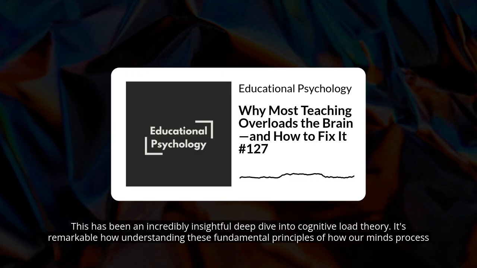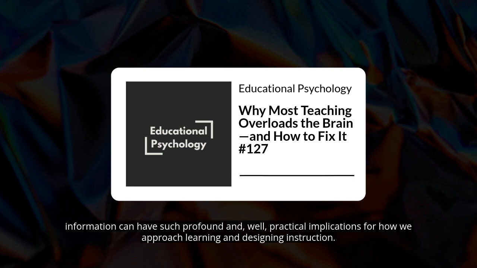This has been an incredibly insightful deep dive into cognitive load theory. It's remarkable how understanding these fundamental principles of how our minds process information can have such profound and, well, practical implications for how we approach learning and designing instruction. Absolutely.